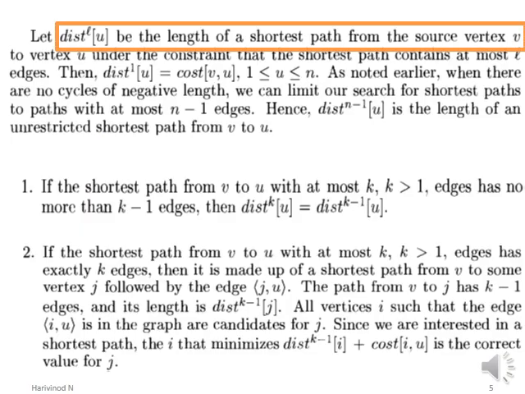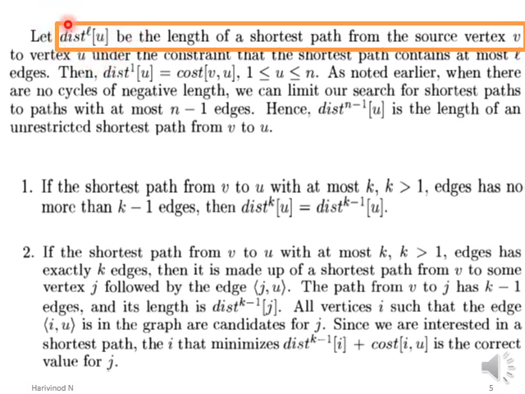Let us understand how the recurrence relation is built for the Bellman-Ford algorithm. Basically, dynamic programming uses sub-problems to solve the problem. We are solving the sub-problems first, and based upon their results, we are solving the whole problem. To define the recurrence relation, let us define dist U with superscript L. This is the notation we are using.